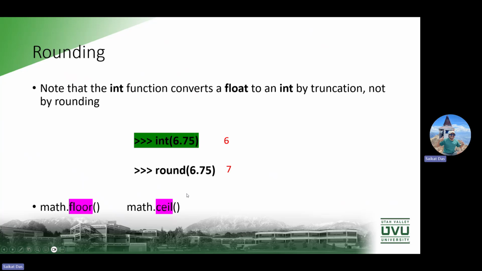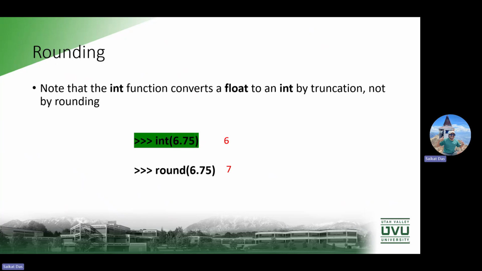If you're putting 2 or 1 here, maybe, like comma 1, so round 6.75, 1, what will be the output? Actually 6.8. 6.8, right? One decimal point. So 6, 7, 5. Is the next digit 5 or more than 5? That means 6.8.